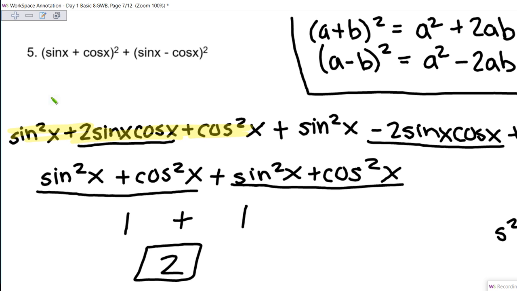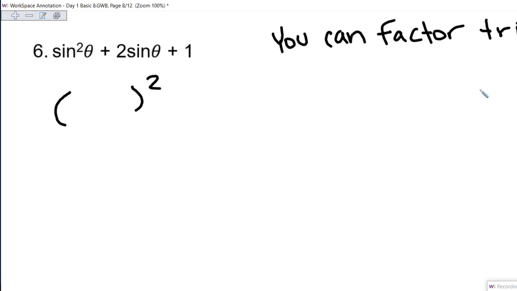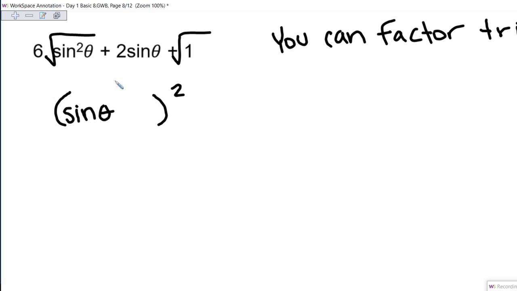So it keeps the positive. So let's do that to factor problem number 6. If I square root sine squared, what do I get? Sine. So this would be sine of theta. If I square root the last term, I get a 1 and drop down the sign from the middle. So this would be a plus. So we're not solving that one. I just want you to know that if you have a trinomial, you could factor a trinomial with trig values.